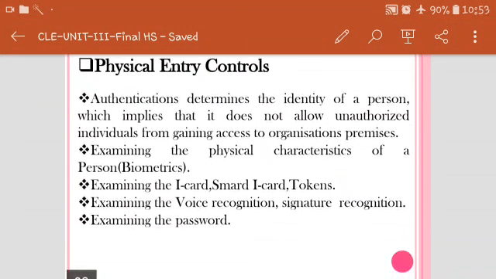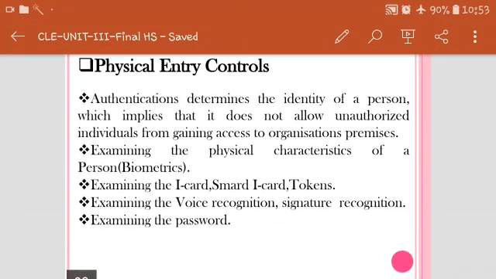Examining the ID card, smart ID card and tokens: if a smart card and token are given to that employee, examine those things, to see whether that person has the smart identification card and token.